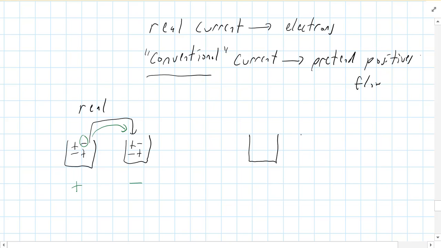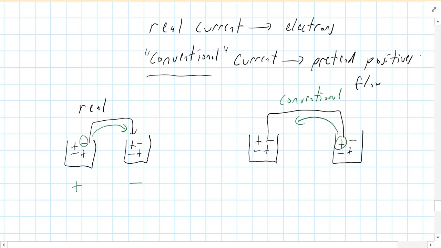However, if you talk to an electrician or an electrical engineer or even a physicist, they will often pretend, check this out, that pluses move the opposite way. That's conventional. Well, what would happen if positives moved from the right bucket to the left bucket?